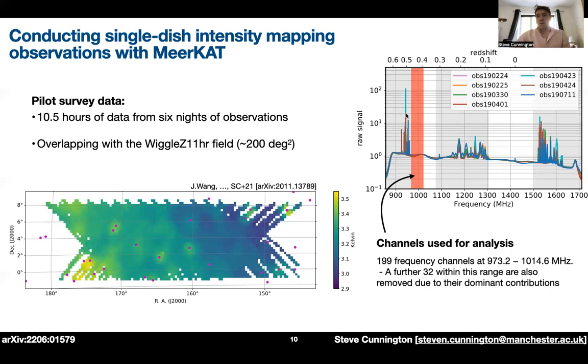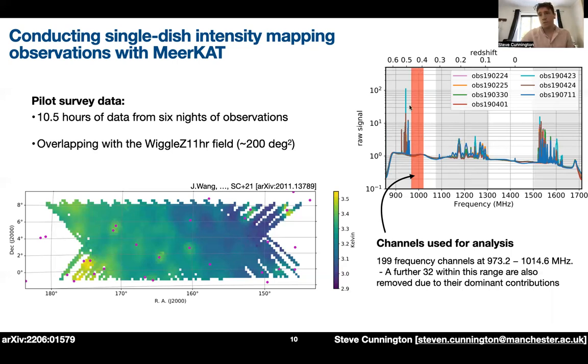For this data, we're technically sensitive to all of these redshift ranges, all these frequency ranges, but we actually find we're quite limited by RFI, which is radio frequency interference. This is still something we're trying to understand how we can best deal with. For the minute, we're adopting quite an aggressive approach, cutting or flagging a lot of the channels out.